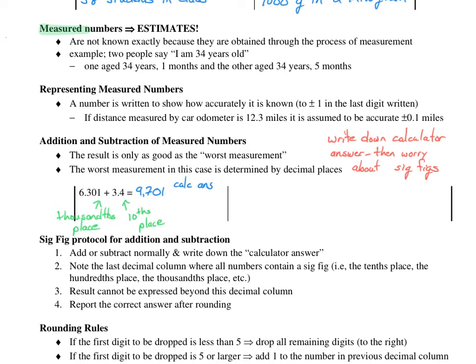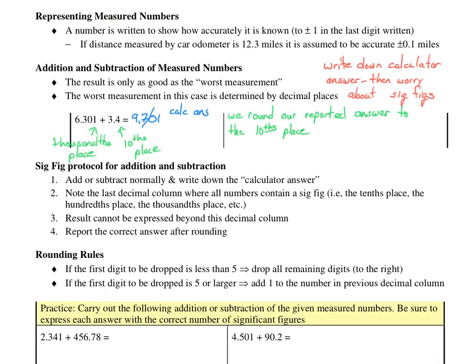To remind myself of that, I'm going to draw a little line right here, right after the tenths place. That's a visual reminder to me that the reported answer needs to be rounded to the tenths place. Here are our rounding rules. If the first digit to be dropped is less than 5, we simply drop all the remaining digits.